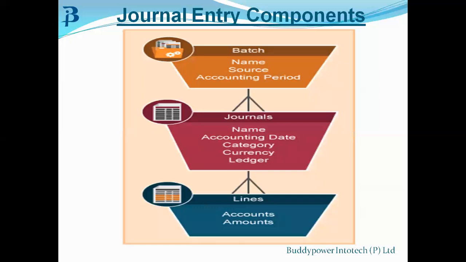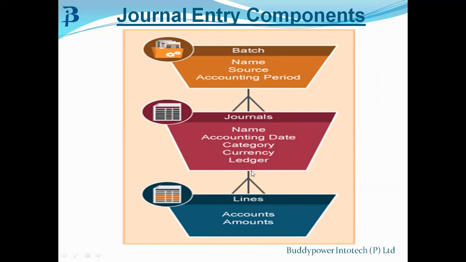A journal entry is the record of your financial transaction in a journal. A journal details all your financial transactions of a business and which accounts these transactions affect in your financial statements. These are the three journal entry components: the batch, journals, and lines.